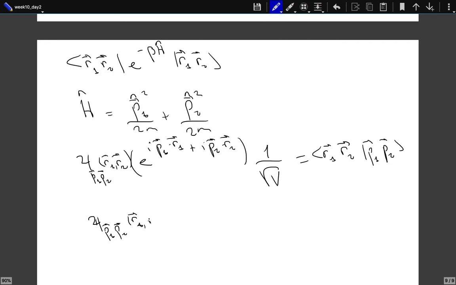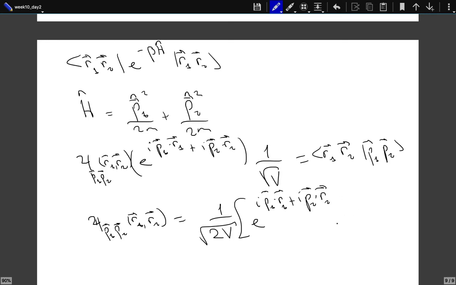The wave function of my system would have been 1 over square root of 2V, e to power I P1 times R1 plus I P2 times R2 plus or minus e to power I P1 times R2 plus I P2 times R1.